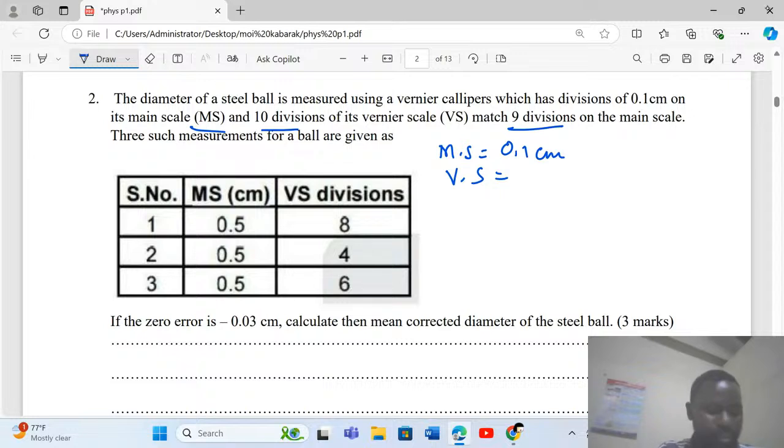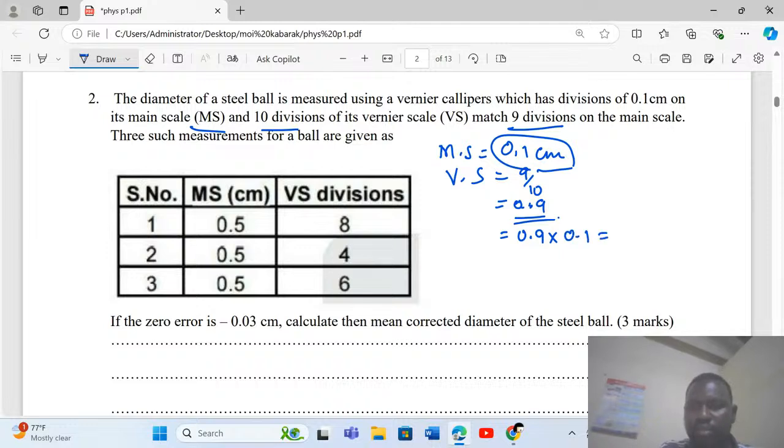Therefore, it will be 9 divided by 10, which is 0.9. Then you pick it and multiply it by 0.1, and you arrive at 0.09.